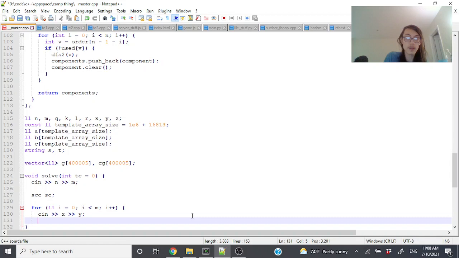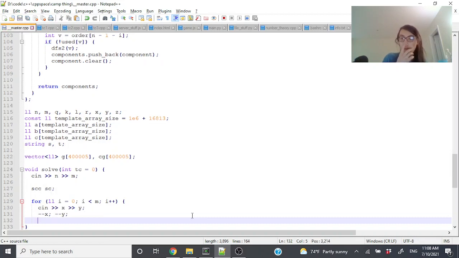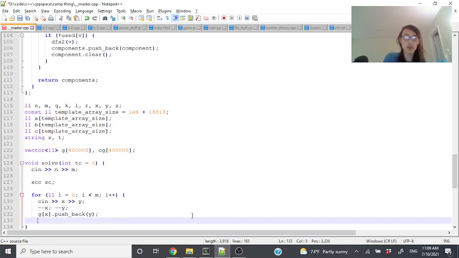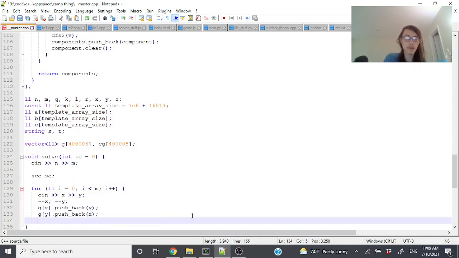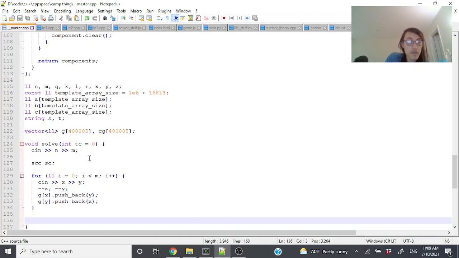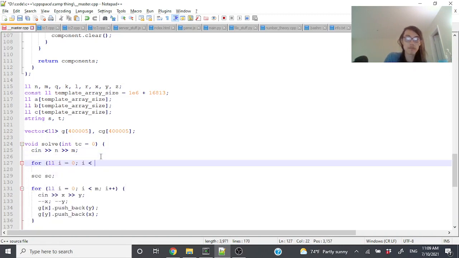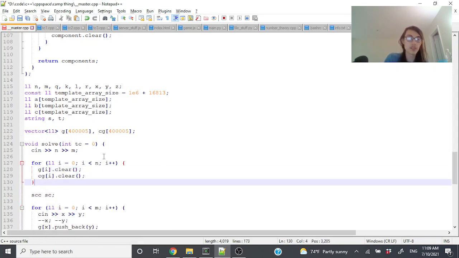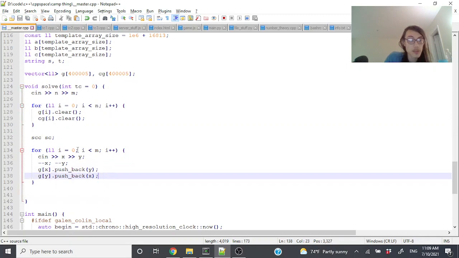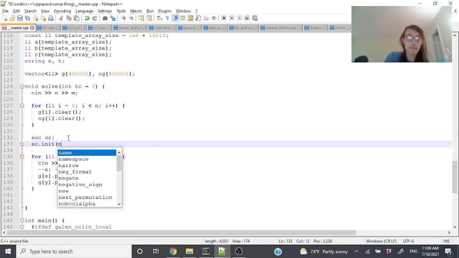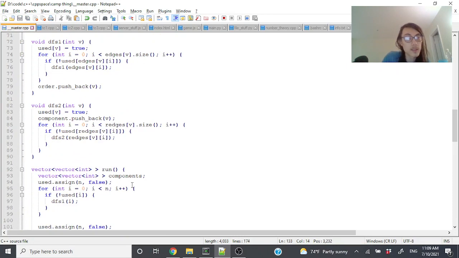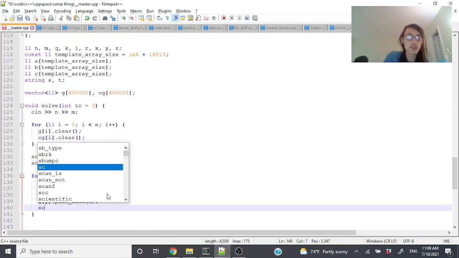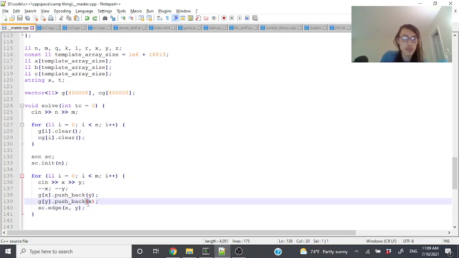C into X to Y, minus minus X, minus minus Y. Gx dot push back Y, Gy dot push back X. Okay, wait, also, first of all, Gi dot clear, Cgi dot clear. Cgi is compressed edges. So, C dot N, C dot edge xy. Well, see, I don't do that.